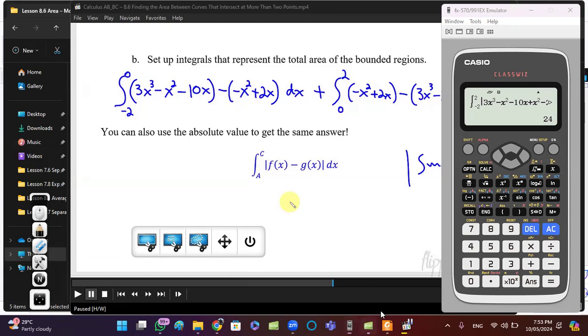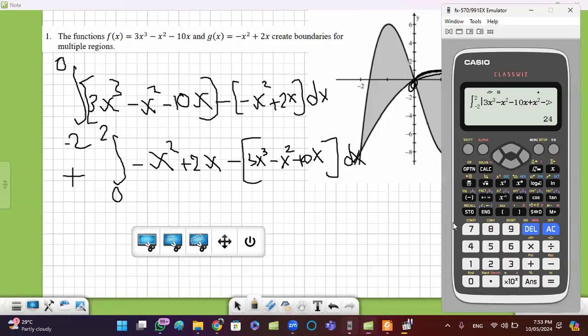24. But if I did both integrals and added them together, I would get the same answer. Can we see? Yes. I will start with this one: 3x^3 minus x^2 minus 10x minus, in brackets, negative x^2 plus 2x, from negative 2 to 0.